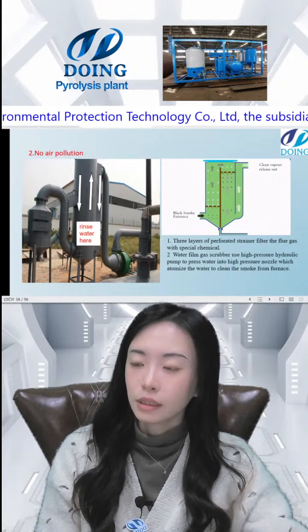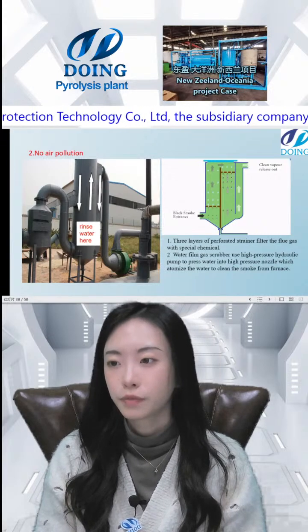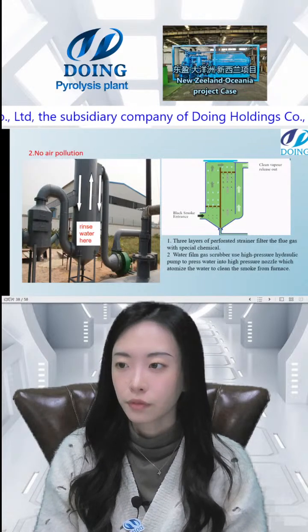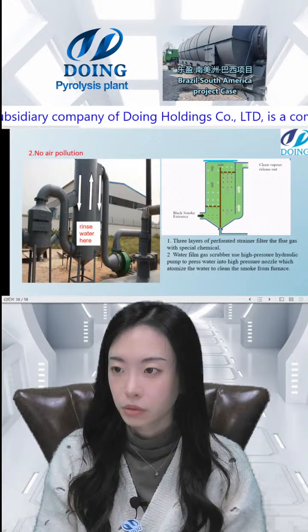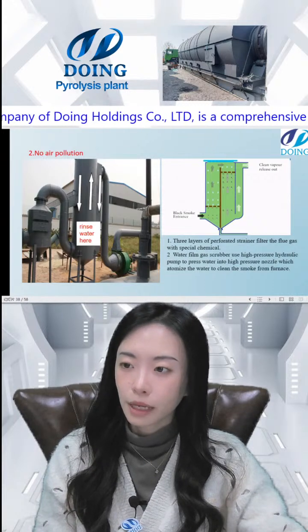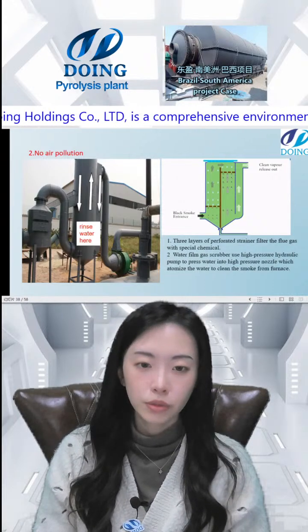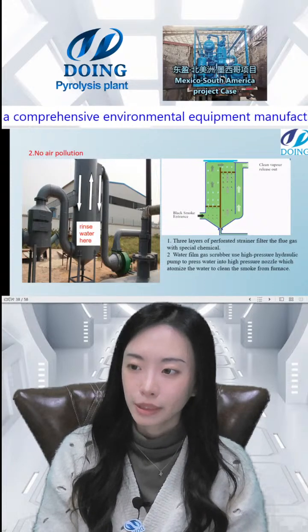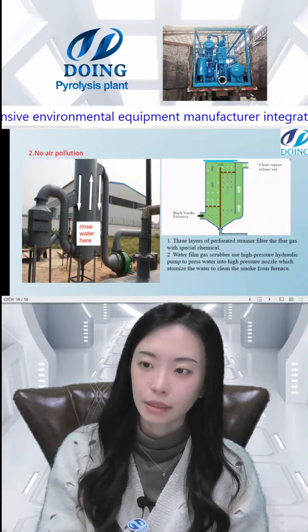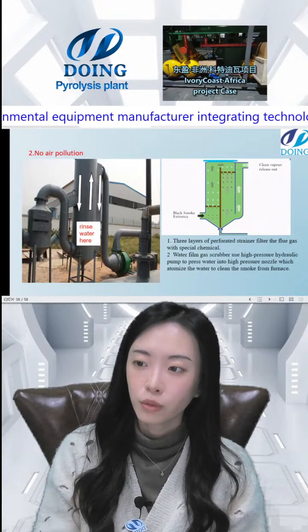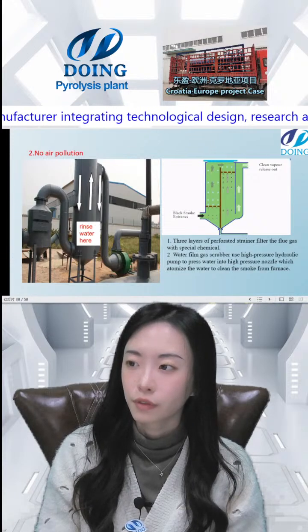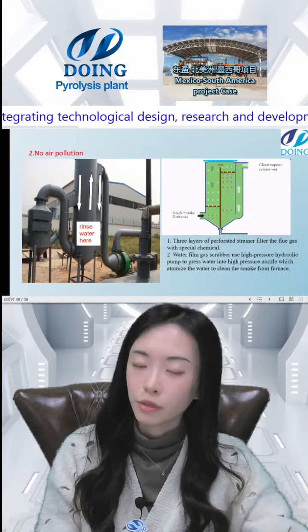Like this is a 3-layer of the perforated strainers, filter, and flue gas with special chemicals. And the water flue gas scrubber uses a high pressure hydraulic pump to process water into the high pressure nozzle, which optimizes the water to clean the smoke from the furnace. This is the brief introduction.